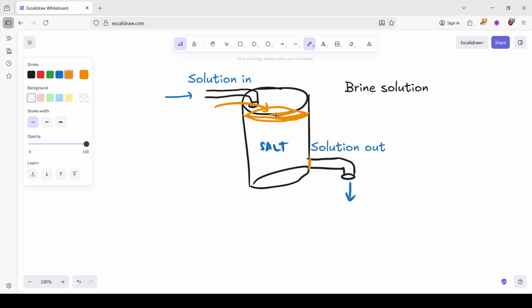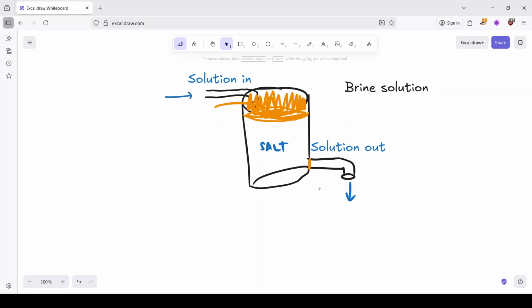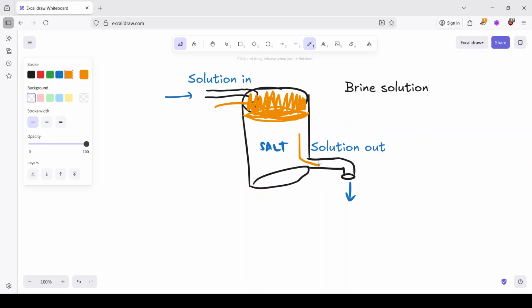Then the level inside the tank will increase until it is full. Now when the tank is full and it is not yet the concentration that we want, we need to flush out some of the solution so that we can change the mixture.